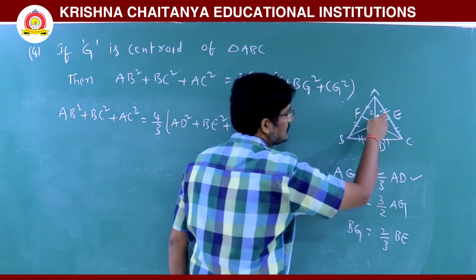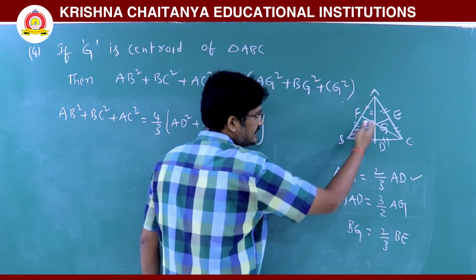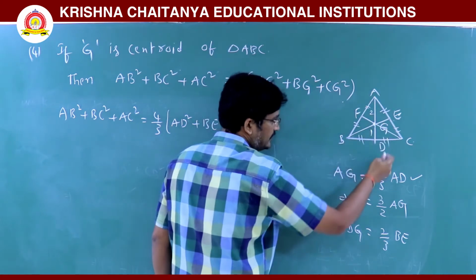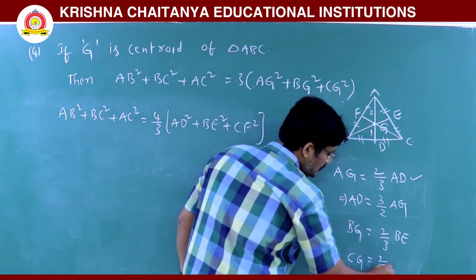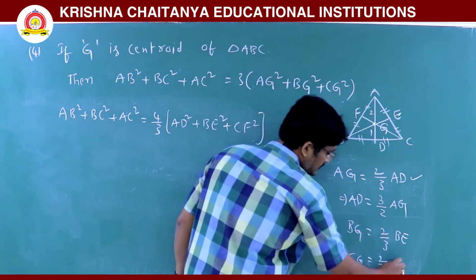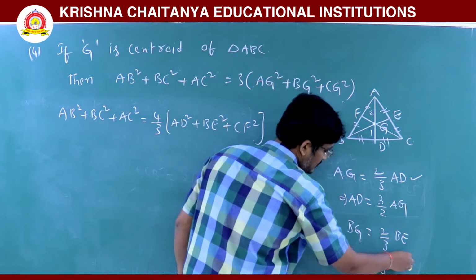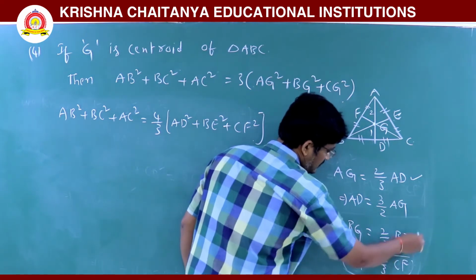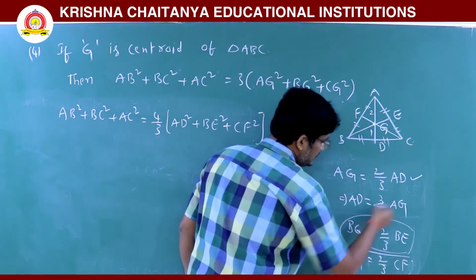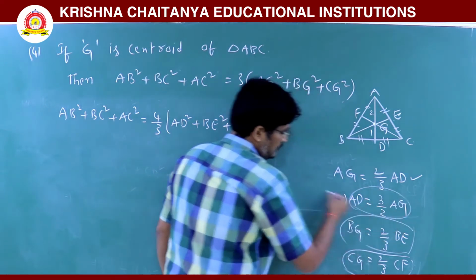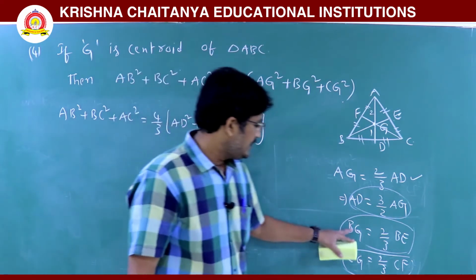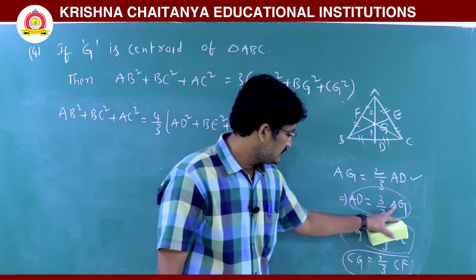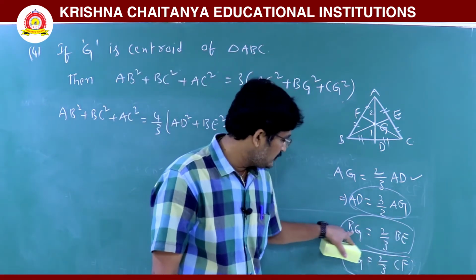AG is equal to 2/3 of AD, BG is equal to 2/3 of BE. In the similar way, CG is equal to 2/3 of CF. So you have to use these 3 to convert. AD is equal to 3 by 2 AG, BE is equal to 3 by 2 BG.